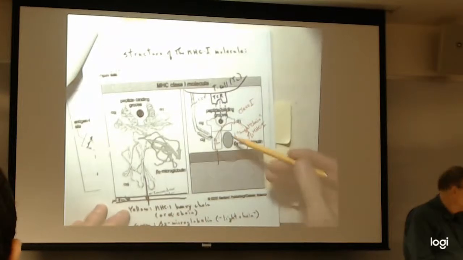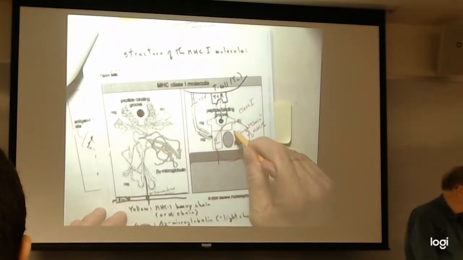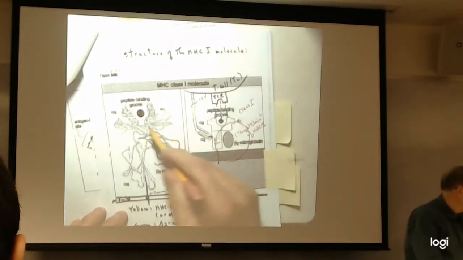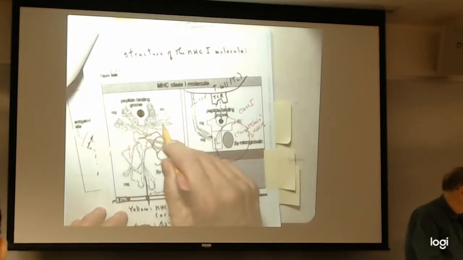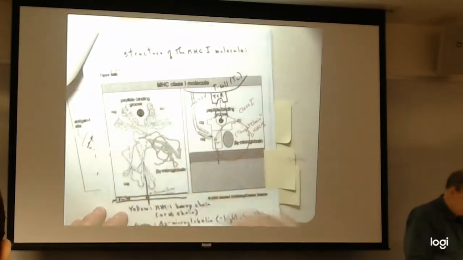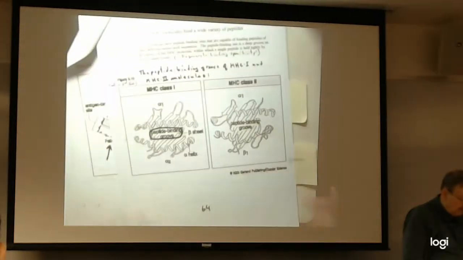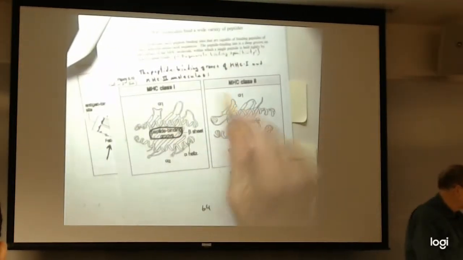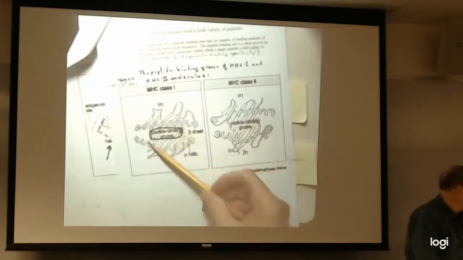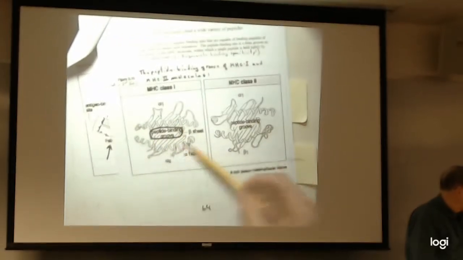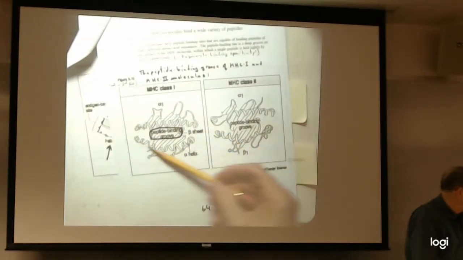And we talked about the structure of an MHC class 1 molecule, for example. It has a little beta sheet platform, and if you look at it from above, for both class 1 and class 2, we have a beta sheet floor, and those little mountain walls are alpha helical structures.